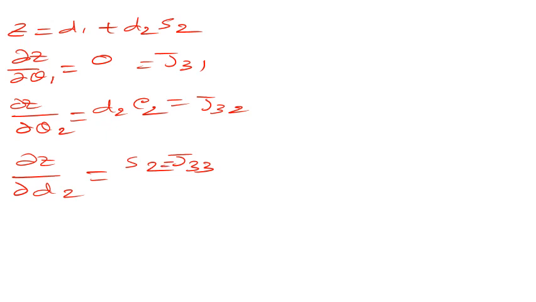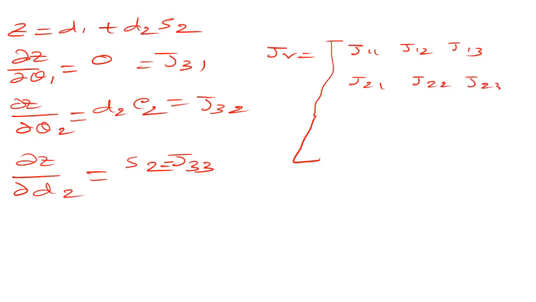Once you have all the components, your Jv matrix is J11, J12, J13, J21, J22, J23, J31, J32, J33.